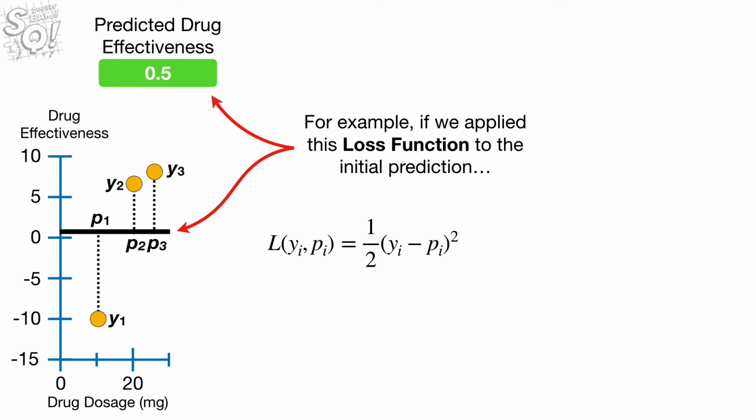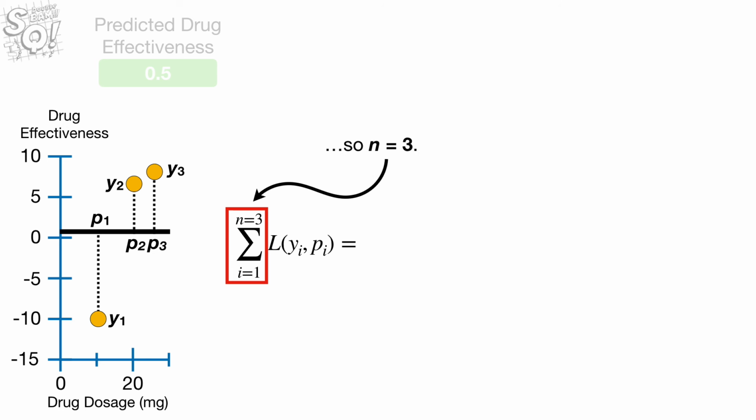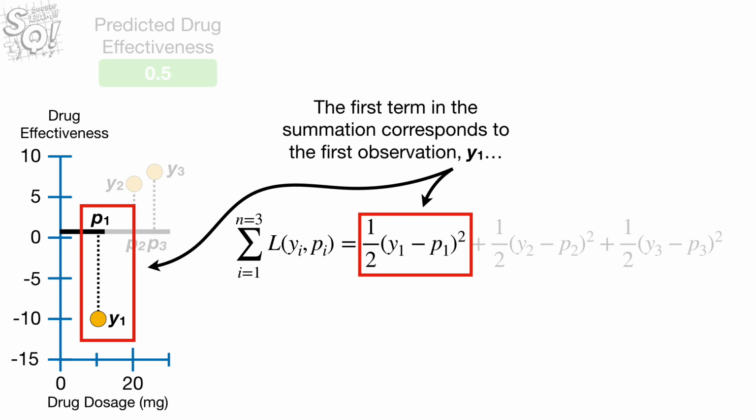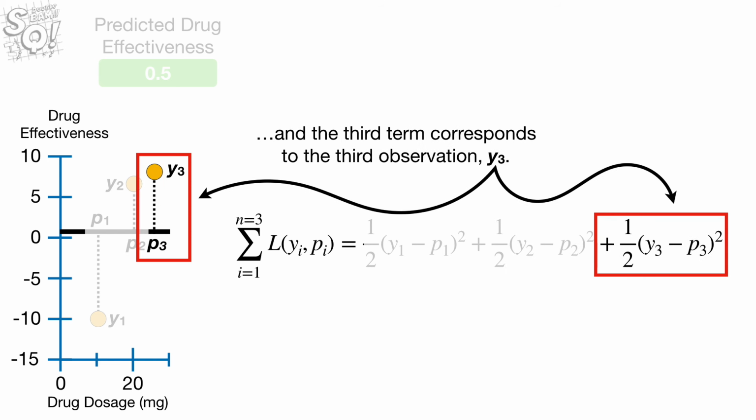For example, if we applied the loss function to the initial prediction, then we would add one term for each observation, so n equals 3. The first term in the summation corresponds to the first observation, y sub 1. The second term corresponds to the second observation, y sub 2, and the third term corresponds to the third observation, y sub 3.